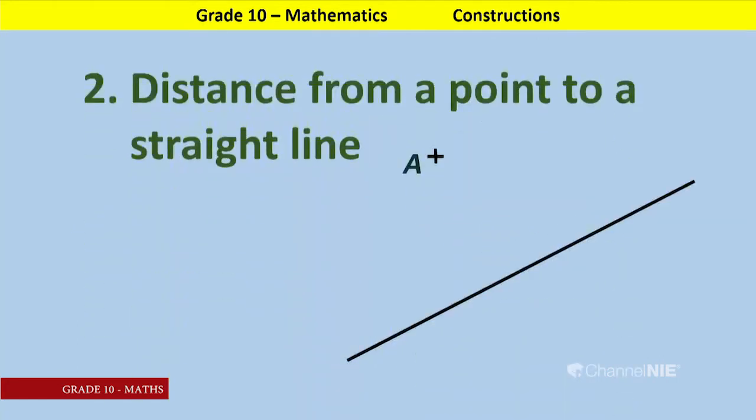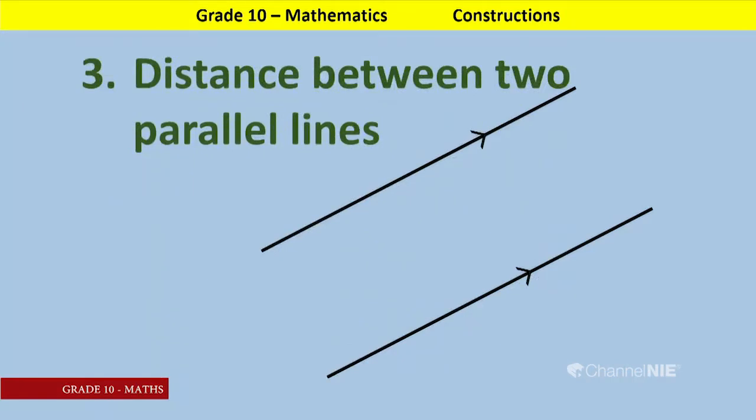Distance from a point to a line is the shortest distance. Distance from a point to a straight line, what is it, children? That is the perpendicular line.